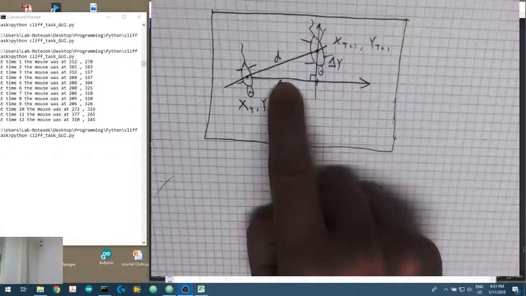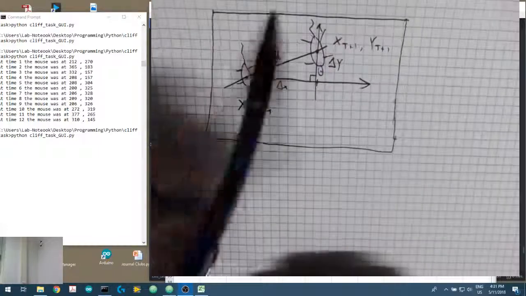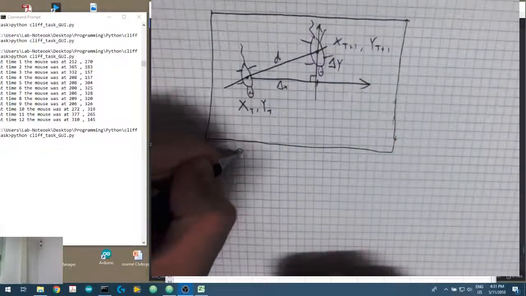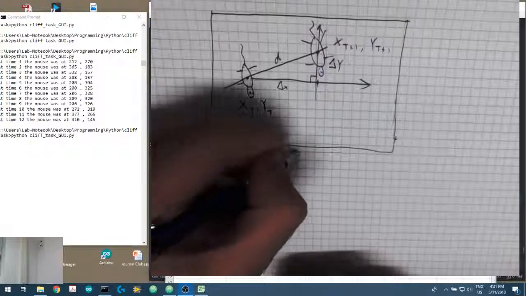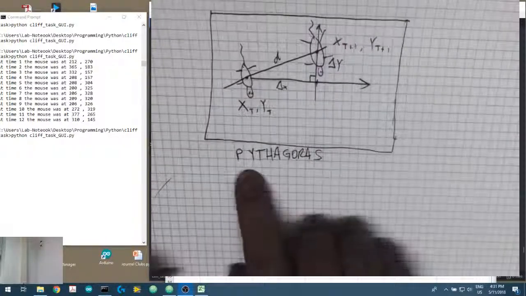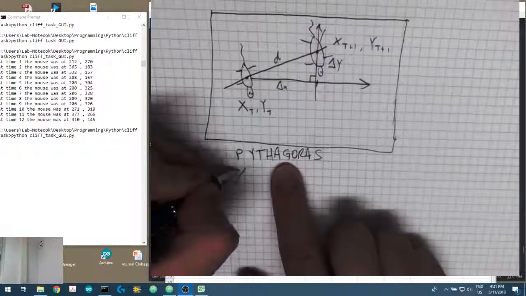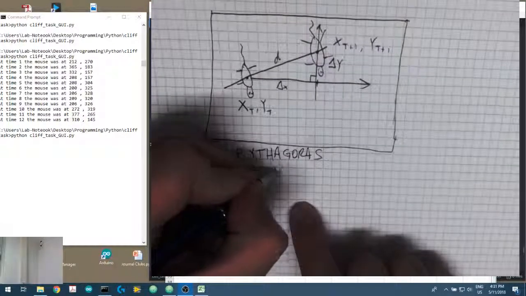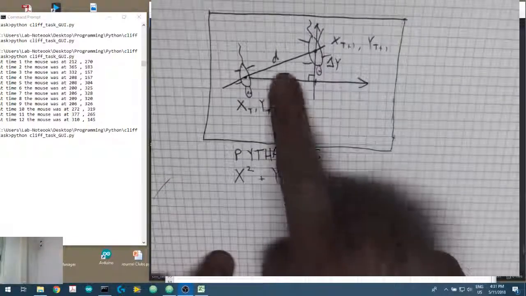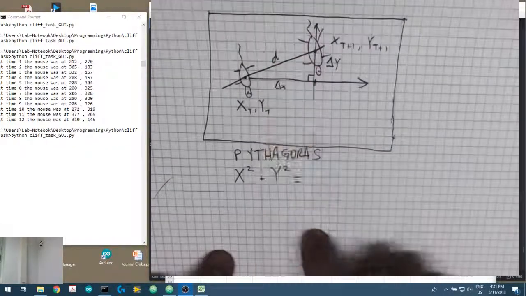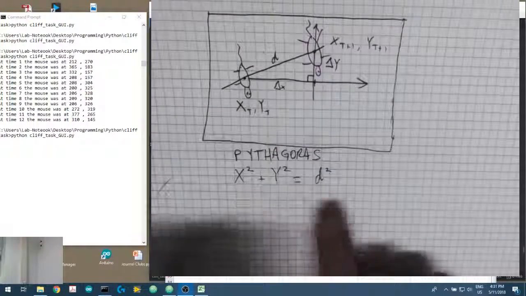We've got, oh, getting excited here. We've got Pythagoras. And this is x squared plus y squared equals, well, this would be z squared, but we're going to call it d squared for distance squared.